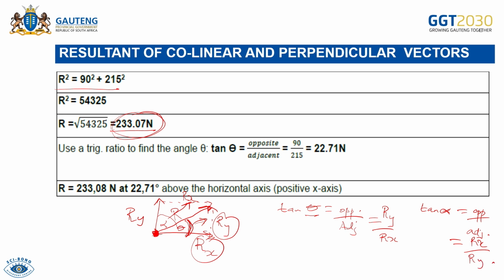So there's a question again here, learners. So how do we know when to use the tail-to-head method or tail-to-tail method? It's up to you. If a question says, find the resultant of perpendicular vectors, for example, by means of calculations. So they're saying by means of calculations.